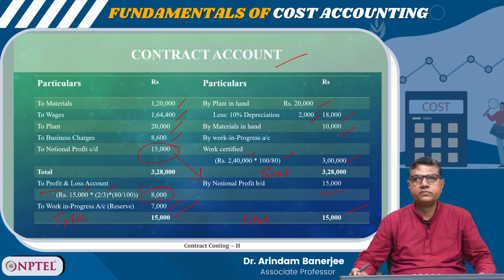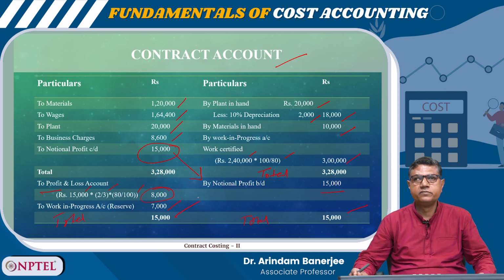So, 40,000 into 2,10,000 divided by 2,80,000 is equal to 30,000. This is one way of calculating the profit to be taken to the profit and loss account.